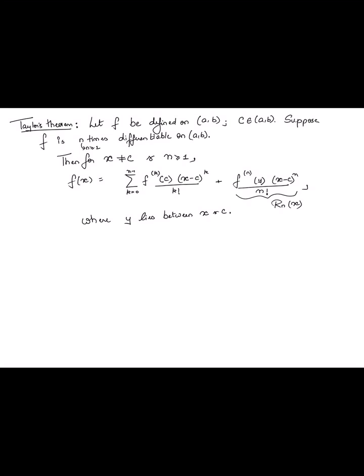Okay, before I get to the proof, one thing to note is that if you take n to be 1, this statement is exactly the same as the mean value theorem.